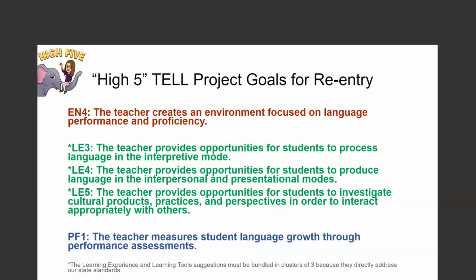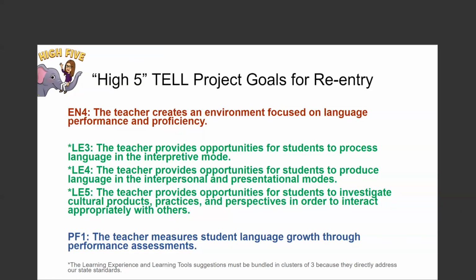The first one in red, EN4, is about the teacher creating an environment focused on language performance and proficiency. And that's important because we have proficiency-based standards in North Carolina. The next 3 are from the Learning Experience Learning Tools, or LE section of the TEL project. These are important because they cluster together and they make sure that we address all 4 of our state standards. LE3 looks at teachers providing opportunities for students to process language in the interpretive mode of communication.